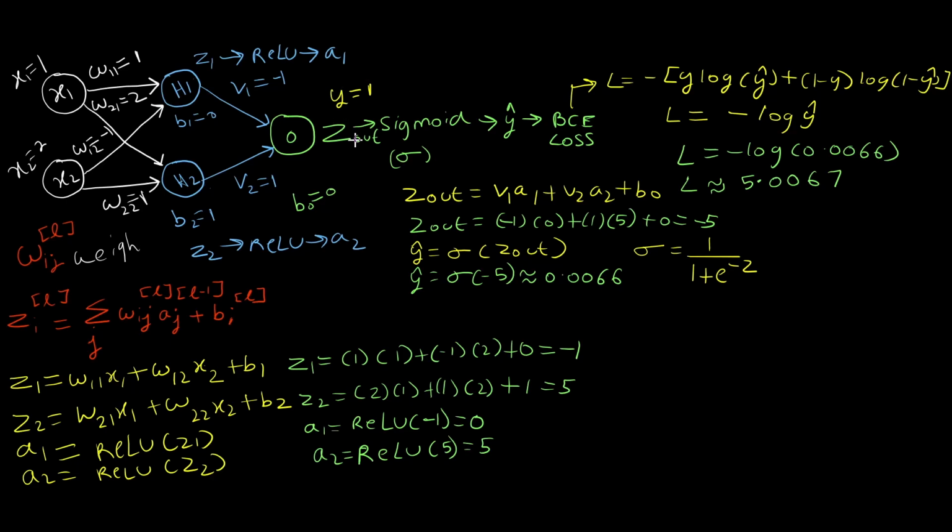So let's move on to the general formula for calculating the weighted sum. For a particular layer, the weighted sum is nothing but the summation of the dot product of the weights and the inputs, in this case, or the activations of the previous layer.